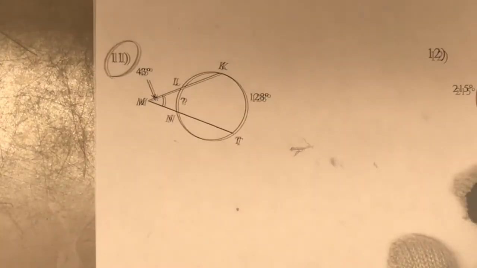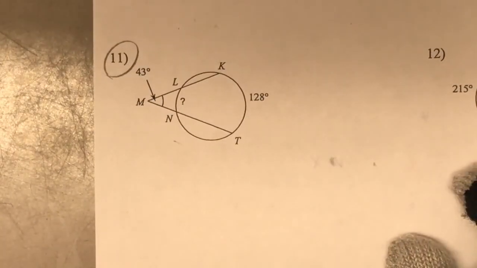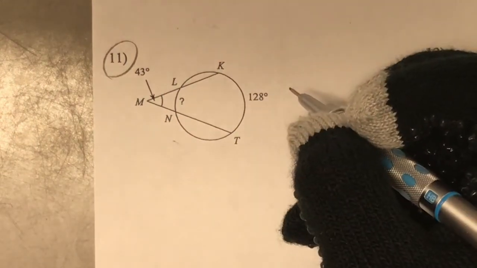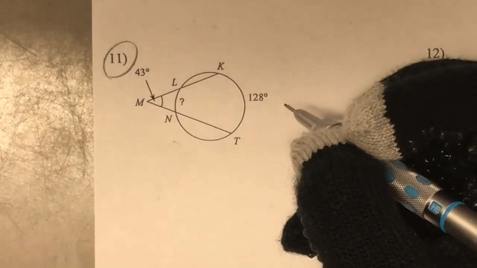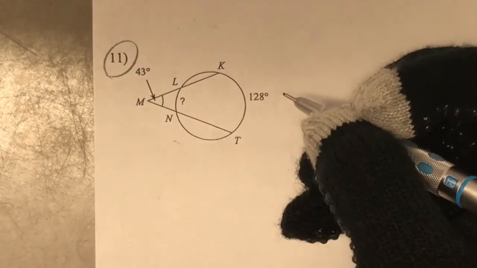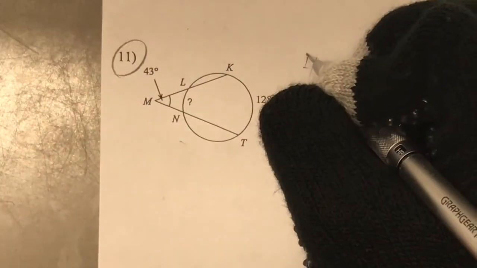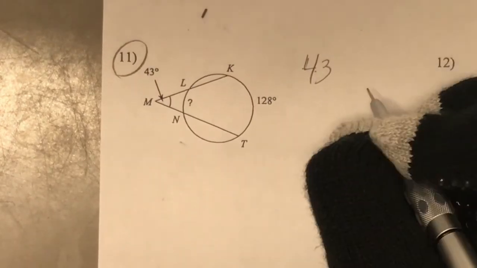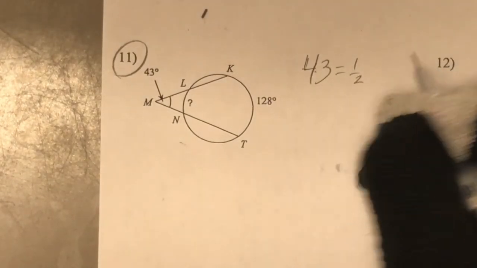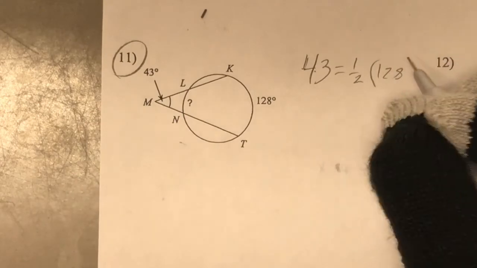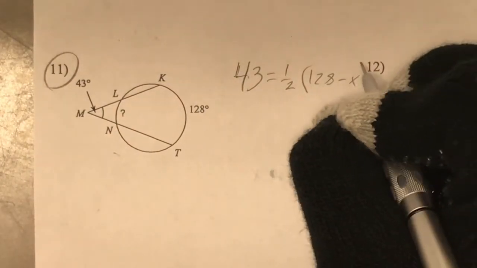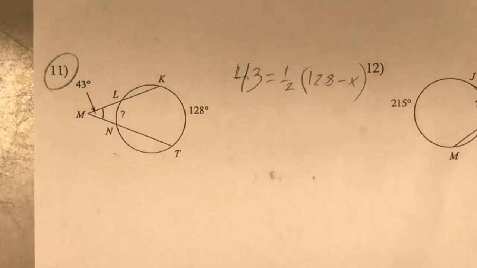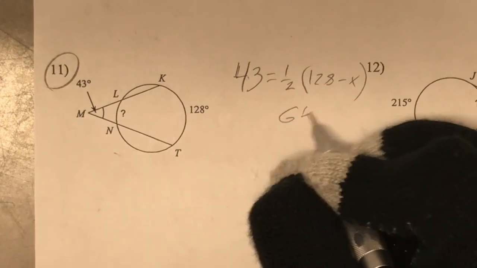Now, on number 11, we're going to solve for the small arc. And as with every other equation before this problem, you're going to plug stuff in. So, like before, you distribute the 1/2.